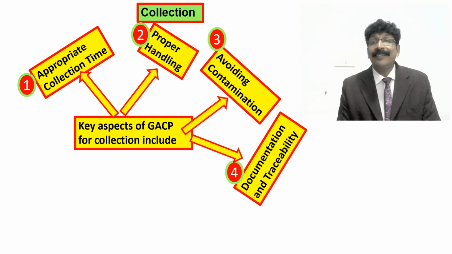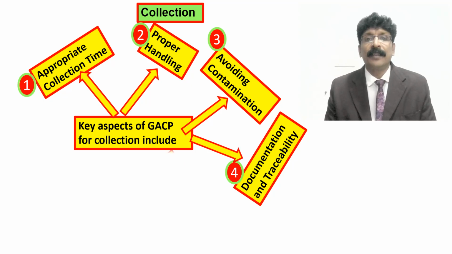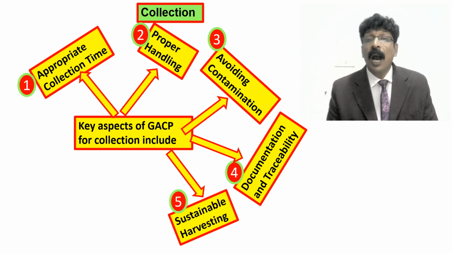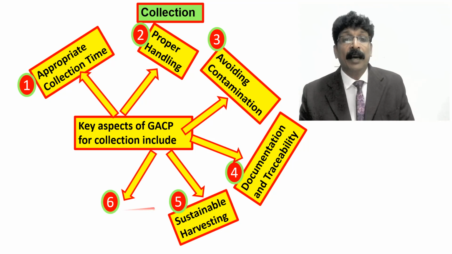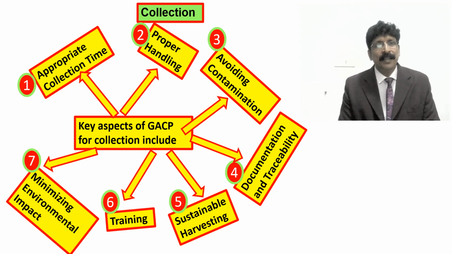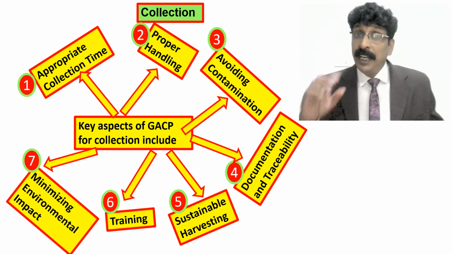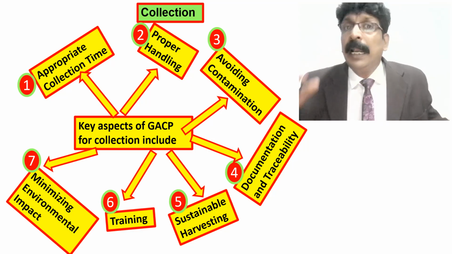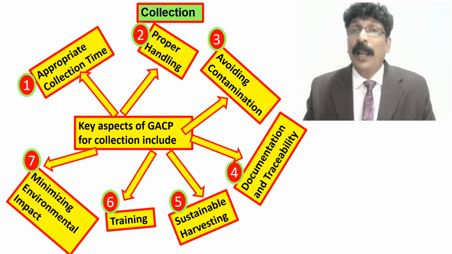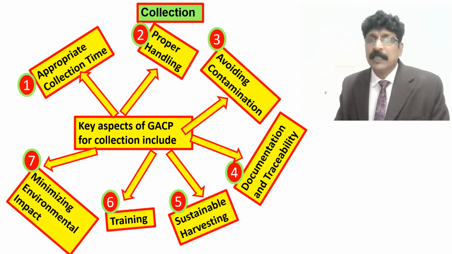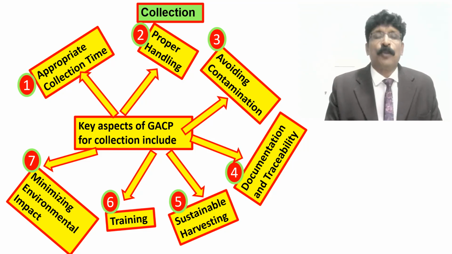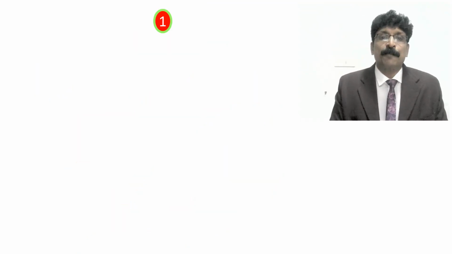Documentation and traceability. And number 5. Sustainable harvesting. And number 6. Training for the collector. Number 7. Minimizing the environmental impact. So these 7 points you should specify while writing about good agriculture practice, explaining a good agriculture collection process. These are the aspects which should be followed.